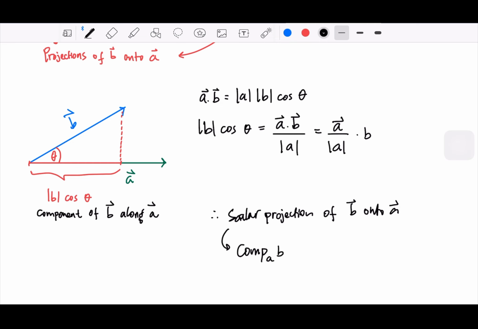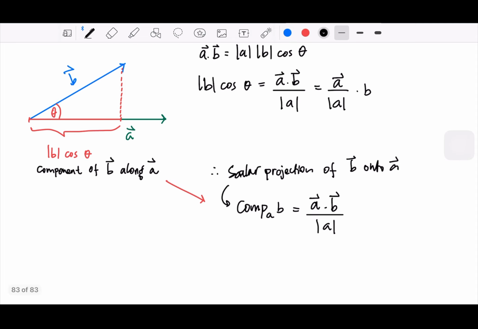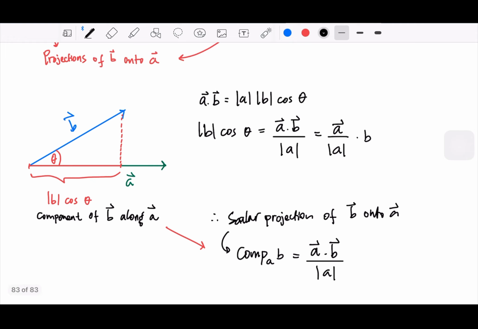We can read this as the component of B along A. We can write it as comp A, B. This is equal to A dot B divided by the magnitude of A. I think I need to add an arrow here.